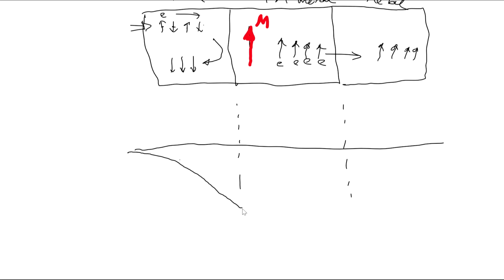Then, as we go through the ferromagnet, there would be more electrons with a spin-up state. And as we go into the conductor, there would be a certain decay of having electrons. So this is spin-down state, this is spin-up.